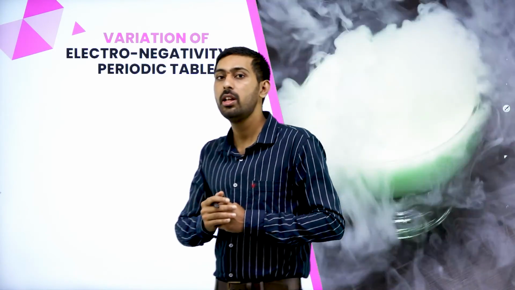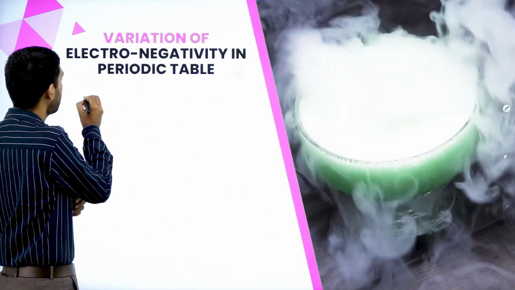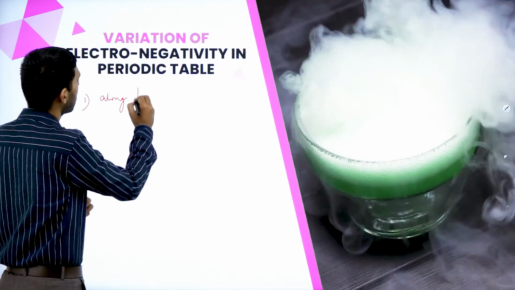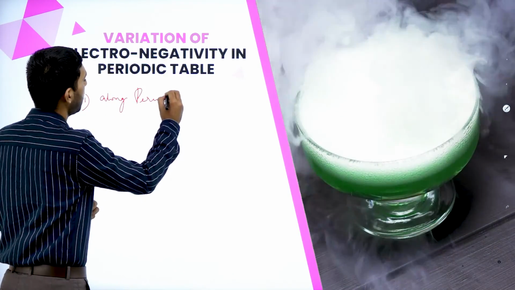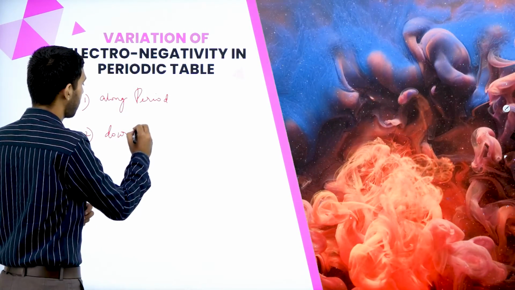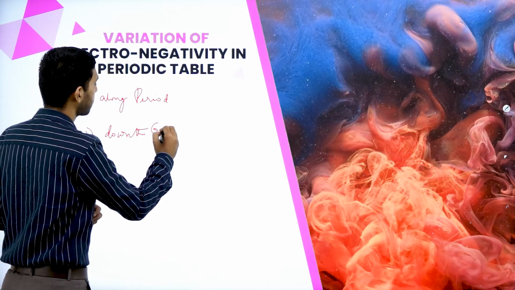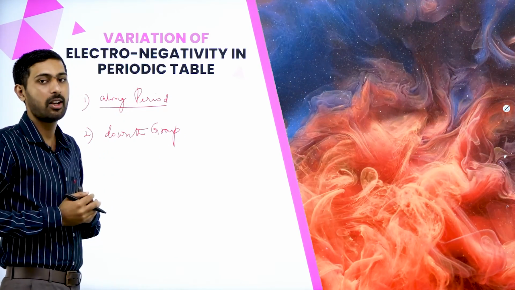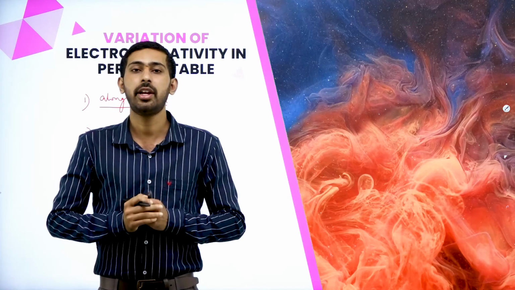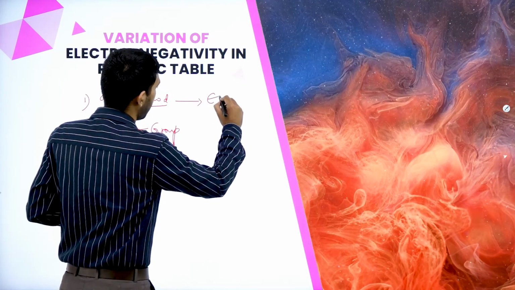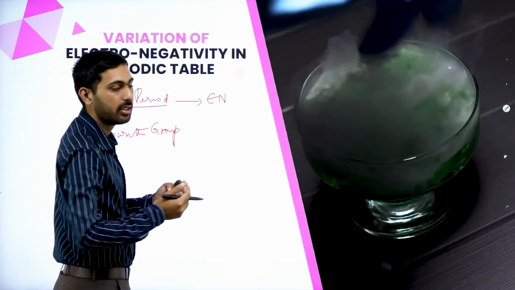In the periodic table, two things we should study. First is along the period and second is down the group. Electronegativity along the period increases. Electronegativity can be represented as EN.